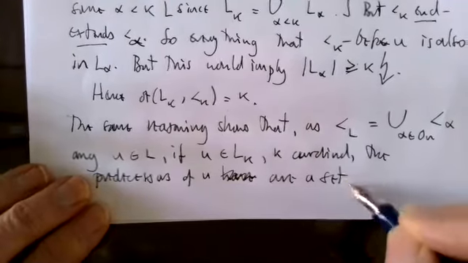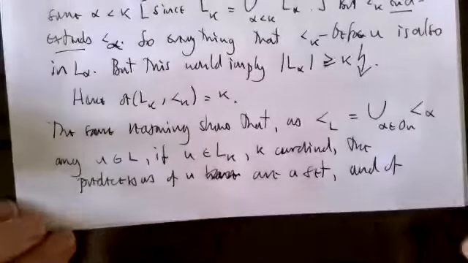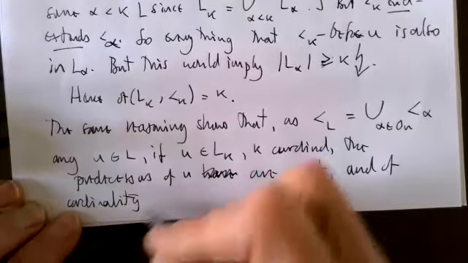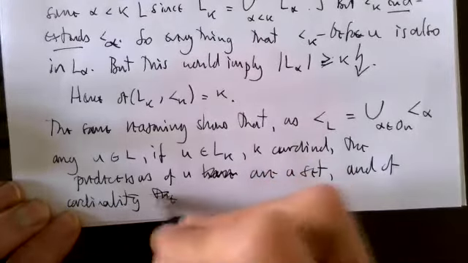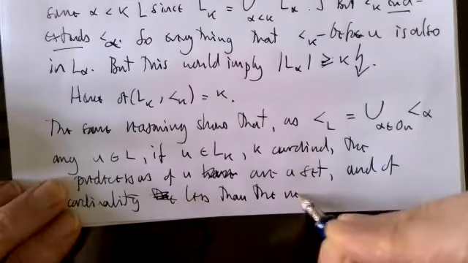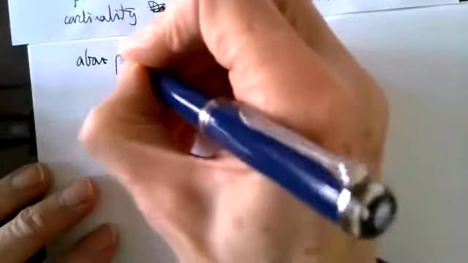They are a set and of cardinality less than the next cardinal above the L rank of U, wherever U occurs in the L hierarchy. So the L rank of the set here.